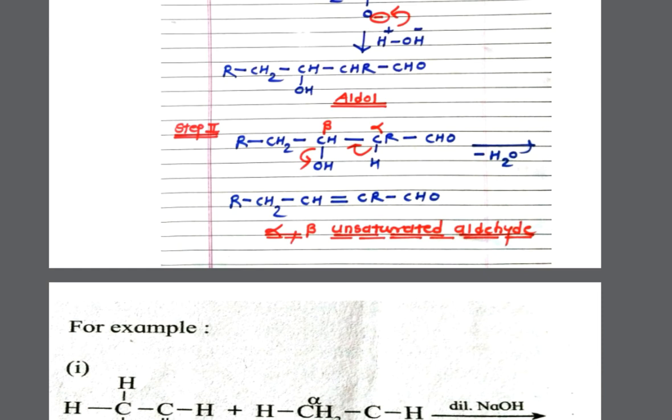So this is the second step in which alpha beta unsaturated aldehyde is formed as final product, and therefore the process is named condensation. Removal of small molecule from bulky molecule is known as condensation process. So this whole process is known as aldol condensation.